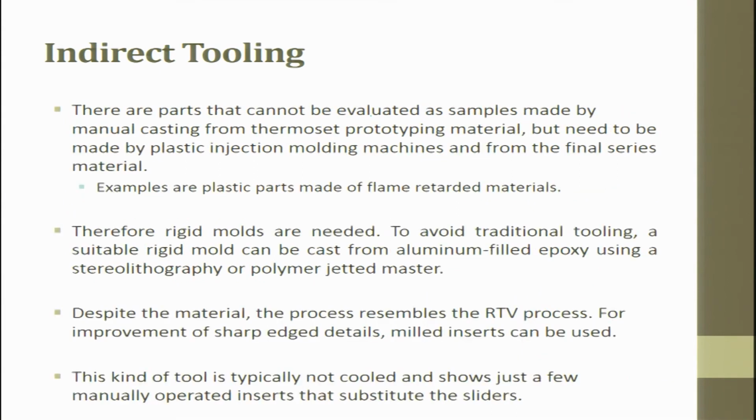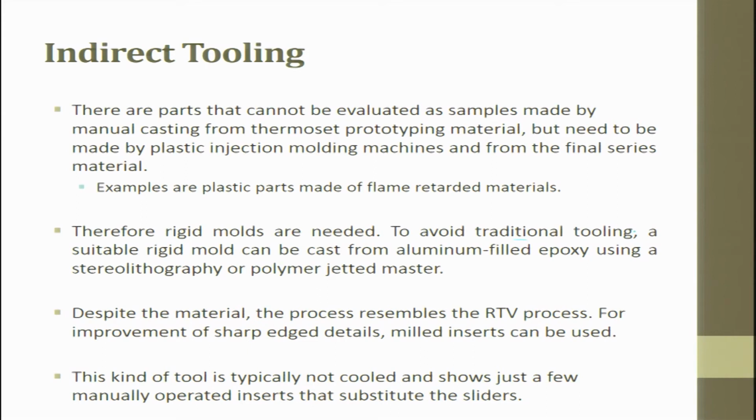There are parts that cannot be evaluated as samples made by manual casting from thermoset prototyping material, but need to be made by a plastic injection molding machine and from the final series material, for which we use this indirect tooling. So, as I said, we can use rapid prototyping, metal based rapid prototyping, in making the die. Therefore, rigid molds are needed.